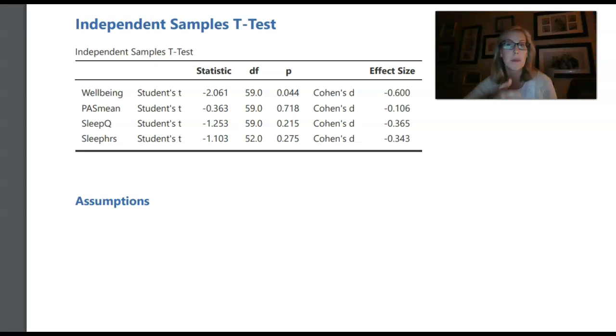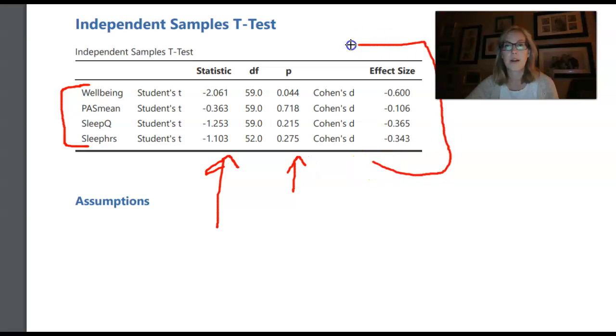If you're interested in comparing differences based on students' modality, you again would connect back to one of these outcome variables. This is the T, and these are the p values. You want p less than 0.05, so none of those are significant. That's our effect size, and you ignore the negative sign for those.